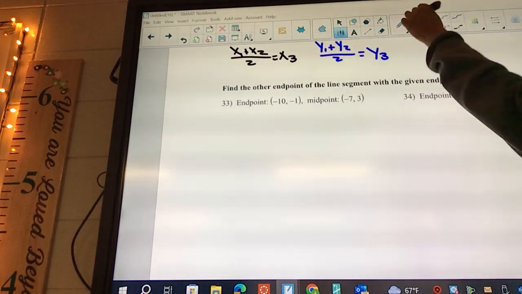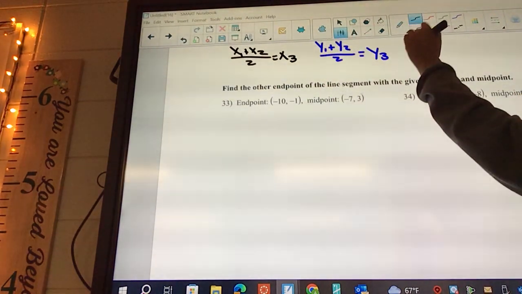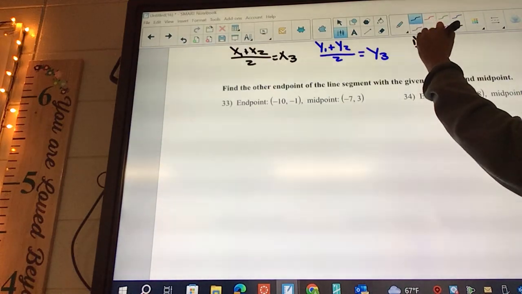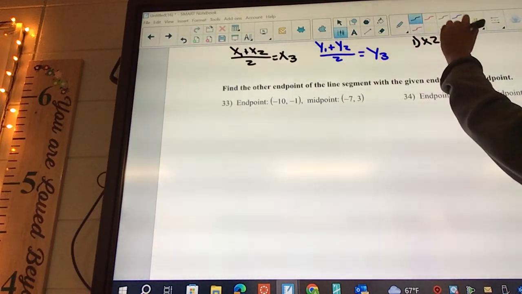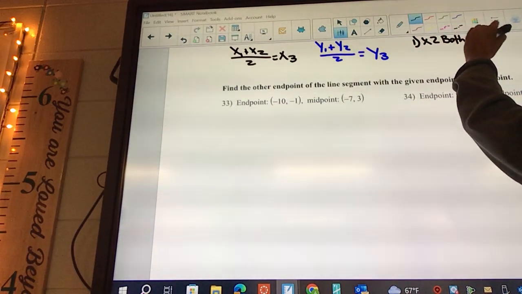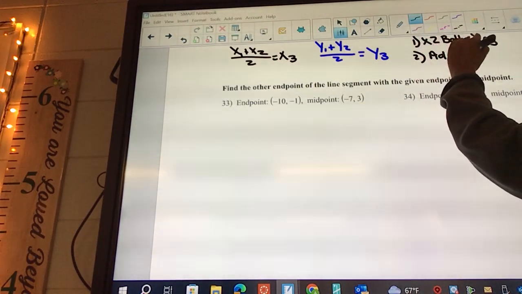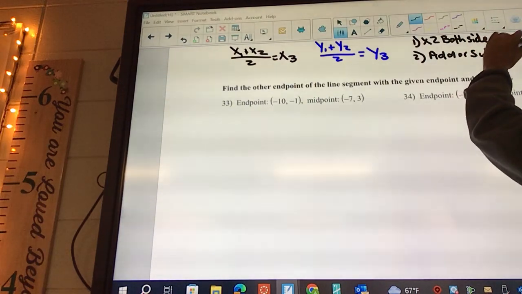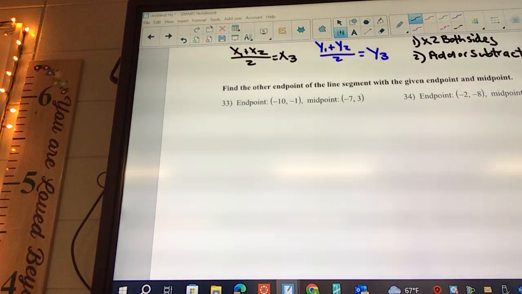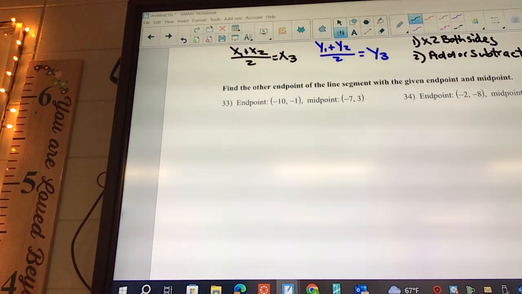I'll even go so far as to write the steps. You're going to times 2 on both sides, and then you add or subtract. You'll see what I'm talking about, but those are the steps.